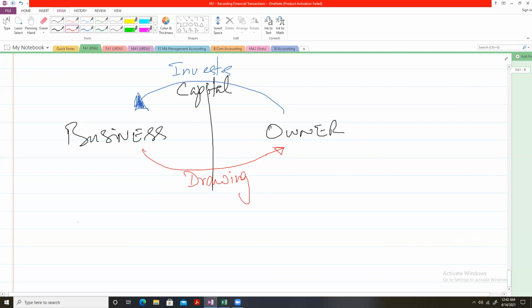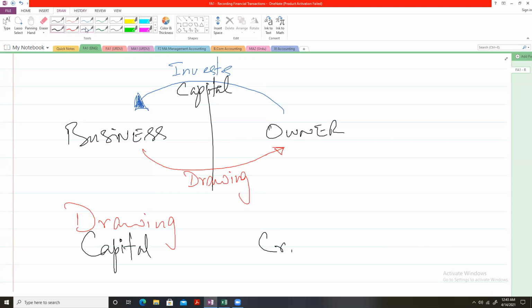And a drawing is the opposite of the capital account. Whenever the capital account increases, we credit the capital account. But whenever there is a drawing, we debit the drawing account.